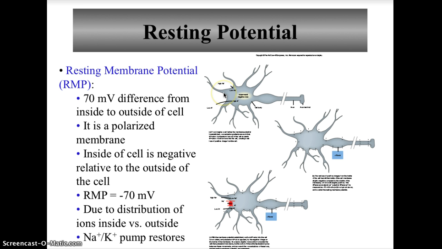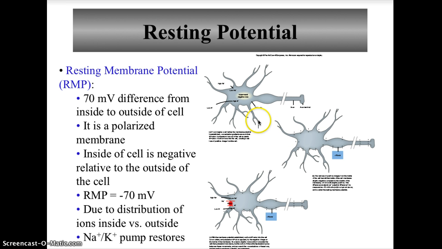So what's going to happen, if you imagine the cell before the membrane potential is established, the concentration gradients are such that the diffusion of potassium ions outside the cell is going to exceed the diffusion of sodium ions into the cell, and it's going to cause a net loss of positive charge from the cell.